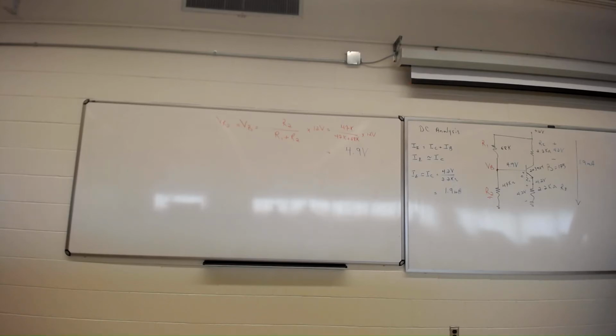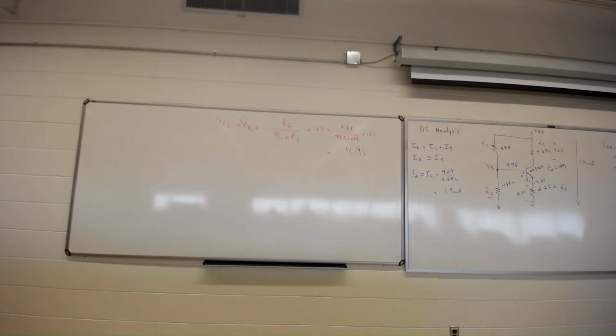If I wanted the voltage from collector to emitter, VCE, I would simply take whatever I started with, 12 volts, and subtract the voltage on RC and the voltage on RE. So this is 12 volts minus 4.2 minus 4.2. We'll take 12 and take away 8.4.